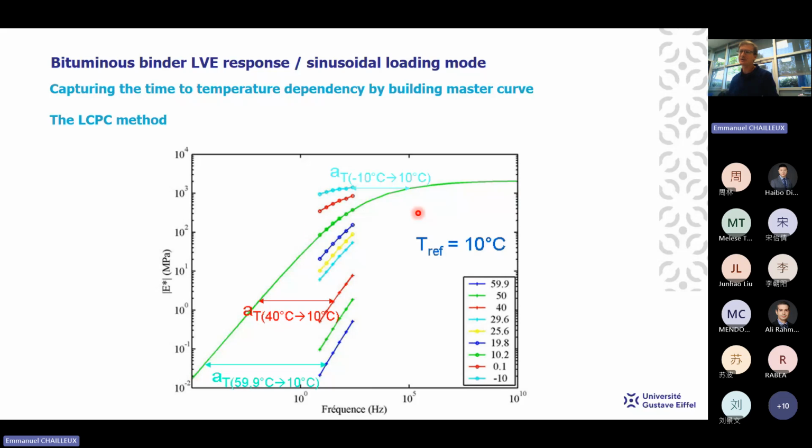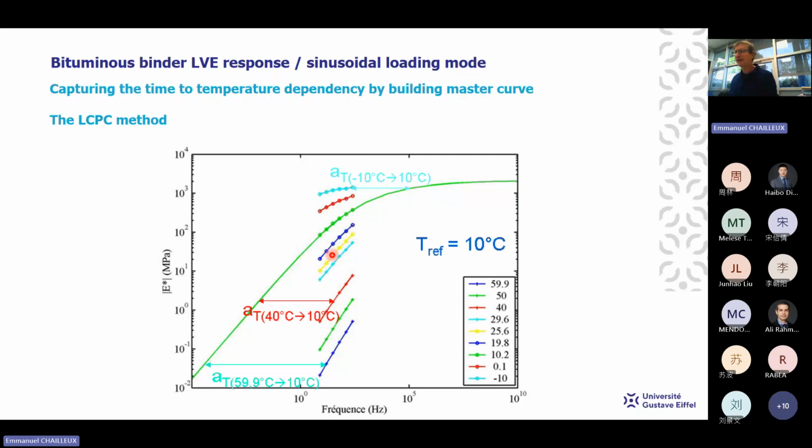It means that on this norm of complex modulus, we adjust the isotherms on a curve, using a reference temperature, by translating the curves horizontally onto a theoretical curve, which allows access to frequencies not measurable by some experiments.